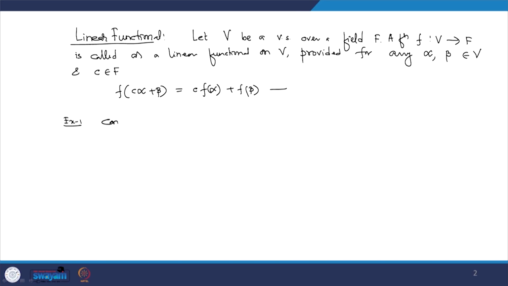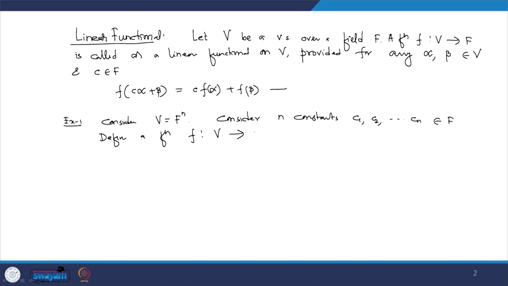Consider capital V equal to the space of n-tuples F^n over the field capital F. Consider n constants C1, C2, Cn belonging to capital F. Define a function capital F from V to F as, for any element alpha equal to x1, x2, xn, it goes to sigma Ci xi, i equal to 1 to n.